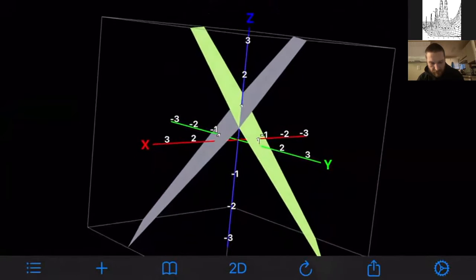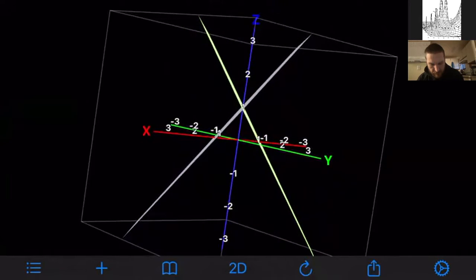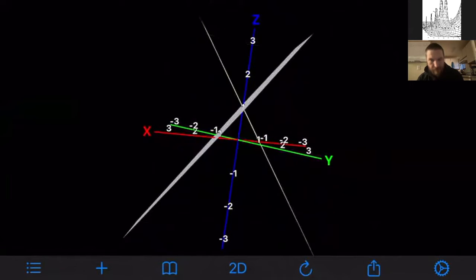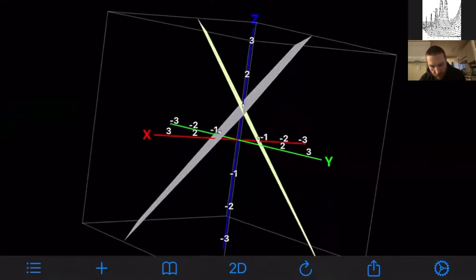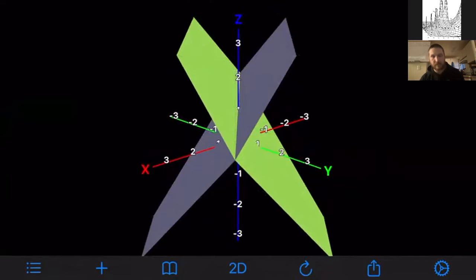So there are infinitely many points where those two planes have the same points, or rather, infinitely many points where those two equations have simultaneous solutions. And they're all right there on that line where those planes intersect.